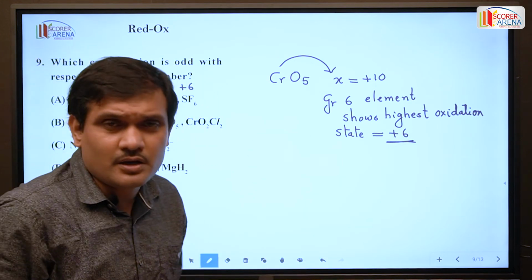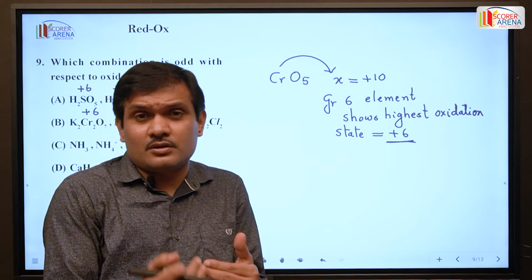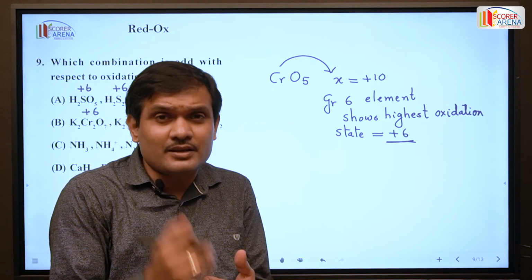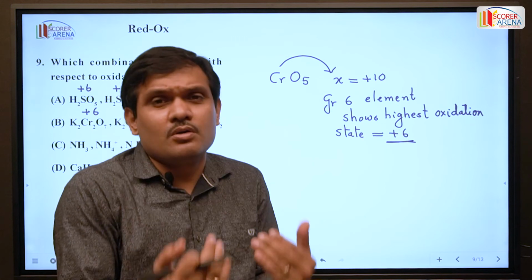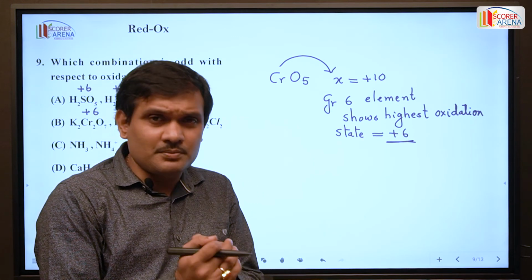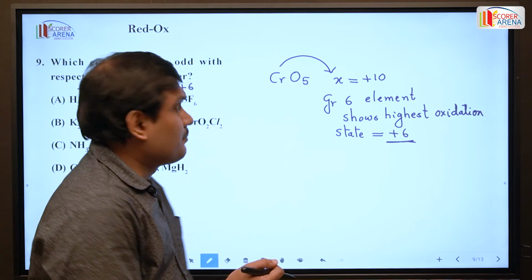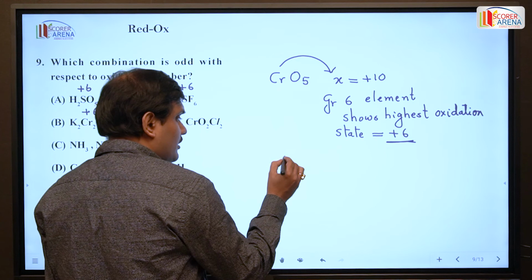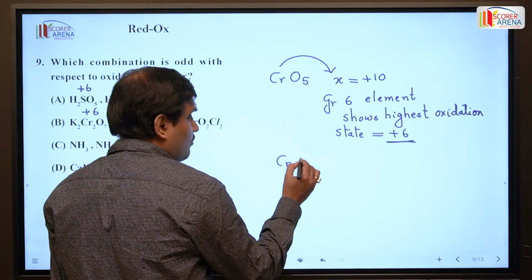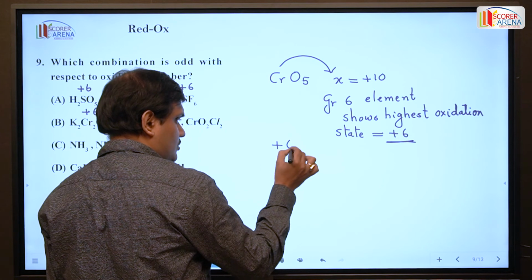I already told you that when the oxidation number in any case exceeds its maximum group valence, the maximum oxidation state is taken for that particular element. So here in CrO5 I would write chromium as having the +6 oxidation state.